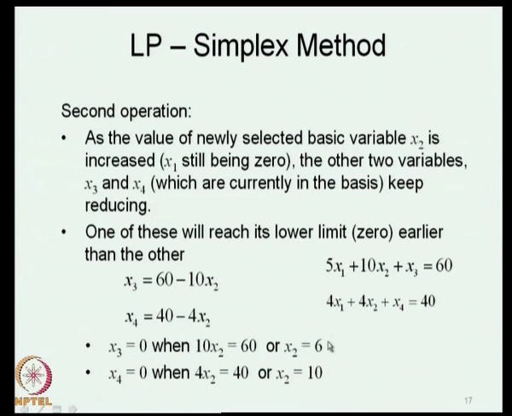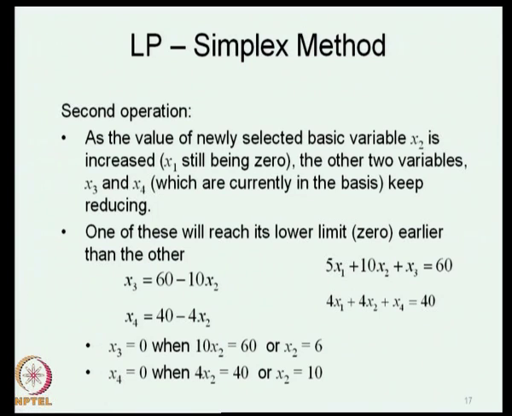And if you further increase, then x4 becomes 0 when x2 reaches 10. So, x3 becomes 0 the moment x2 reaches 6, and therefore no further increase in x2 will be possible, because x3, one of the variables, has reached 0 already. Any further increase in x2 beyond 6 will make x3 negative, and therefore it becomes infeasible.